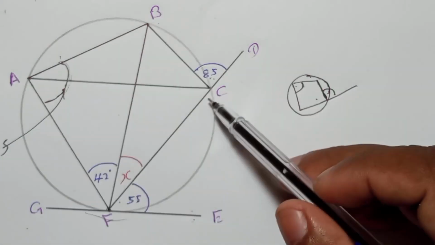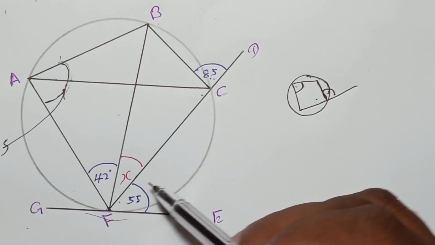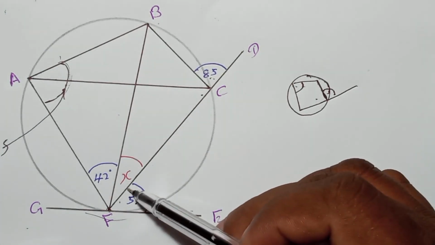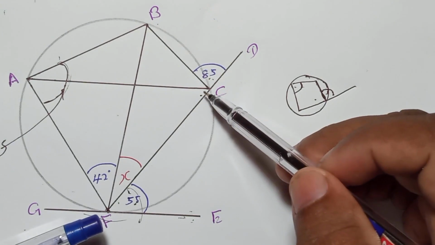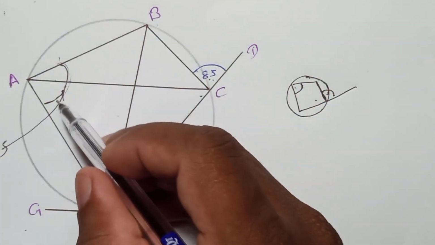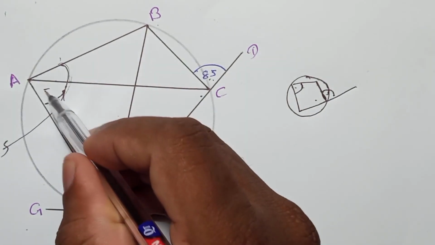This we normally call the alternate segment theorem, right? This is the tangent, this is the chord, and in between that angle is 55. That angle will be equal to the angle subtended by the same chord at the circumference.